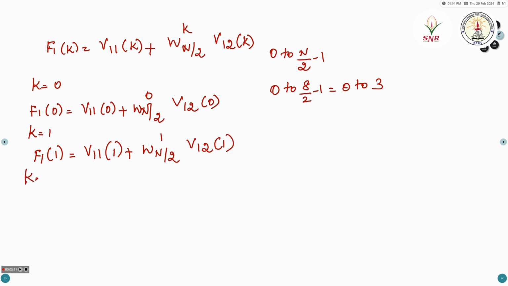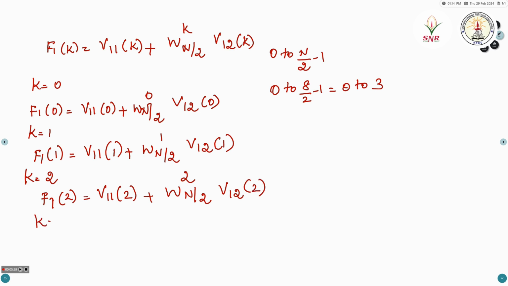Similarly, for k equal to 2, f1 of 2 is equal to v11 of 2 plus W n by 2 power 2 v12 of 2. For k equal to 3, f1 of 3 is equal to v11 of 3 plus W n by 2 power 3 v12 of 3.